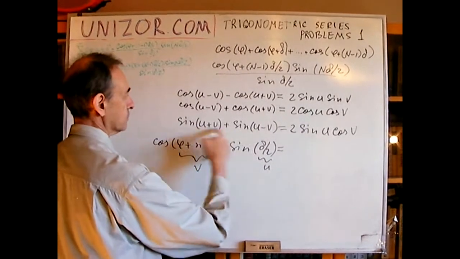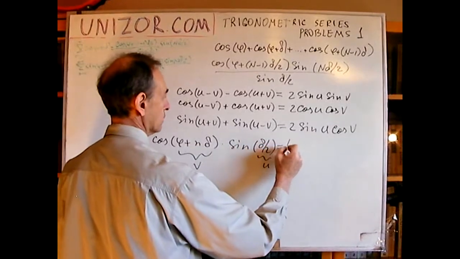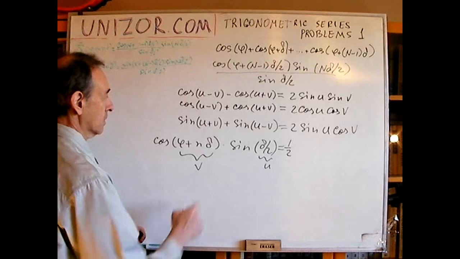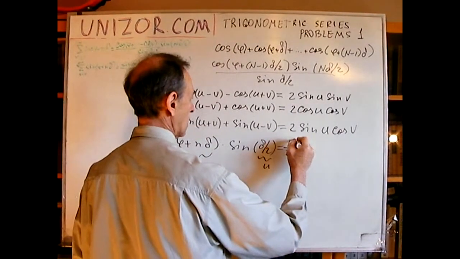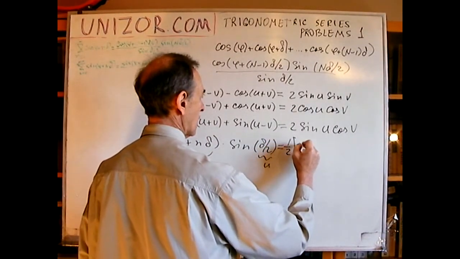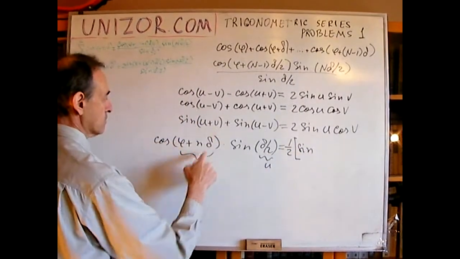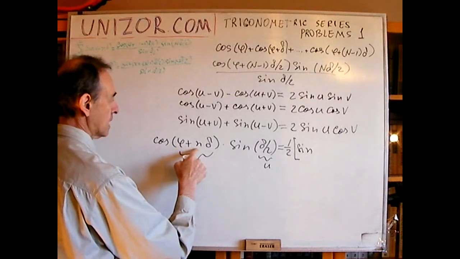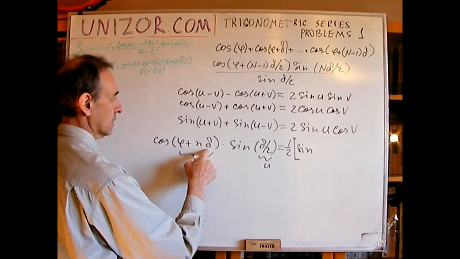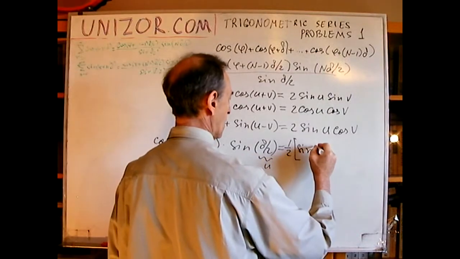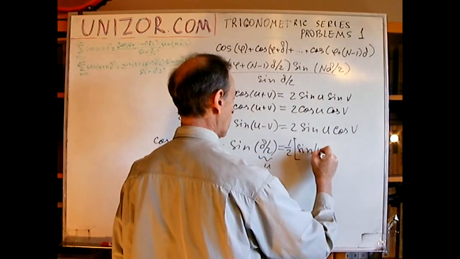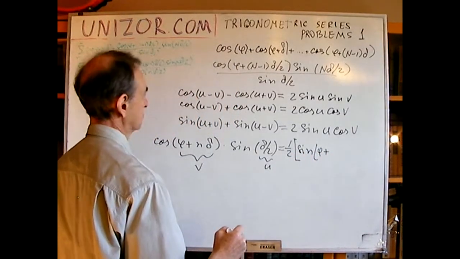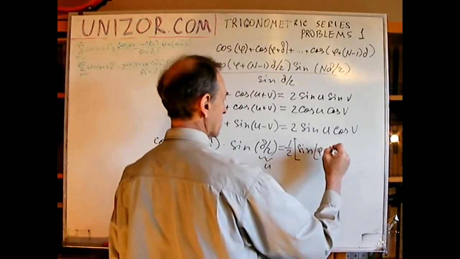So, since this is 2, I will have to have 1/2 of the sine of their sum, sine of u plus v. This plus this. So it's phi plus n delta plus delta over 2, which is sine of phi plus, how about this?